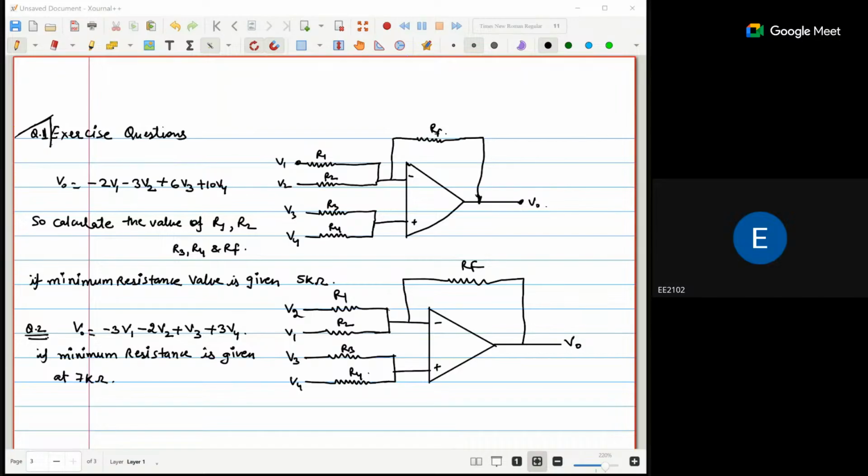Kindly join your respective group. The question is visible on your screen. Manisha, join group one. Vinayak, join group two.